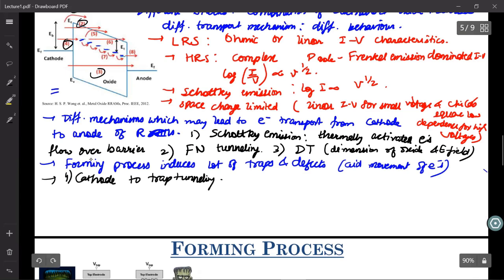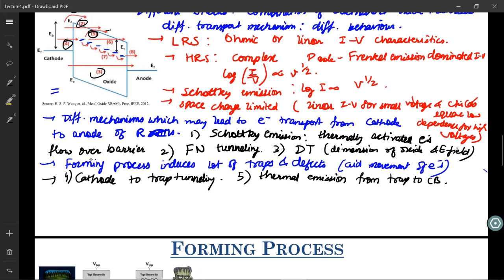Now that the electron is in the trap, it can also go to the conduction band by mechanism 5. Fifth is thermal emission from trap to conduction band of oxide. There can be another mechanism, the sixth, which is FN tunneling from trap to the conduction band.